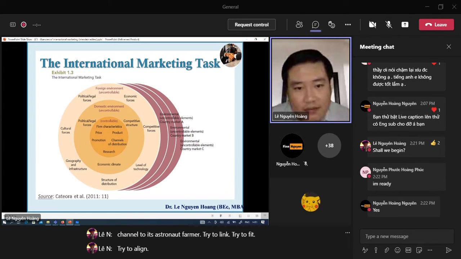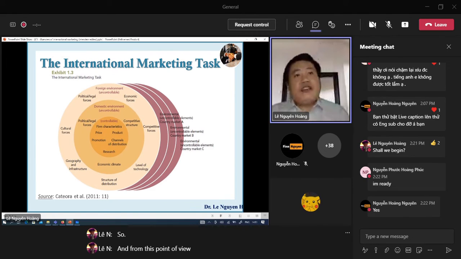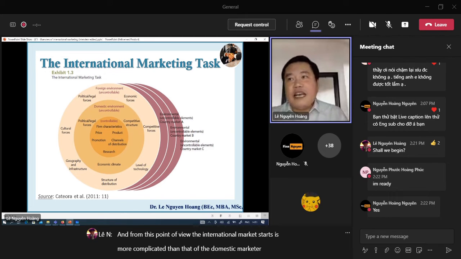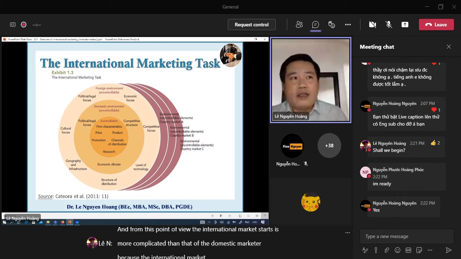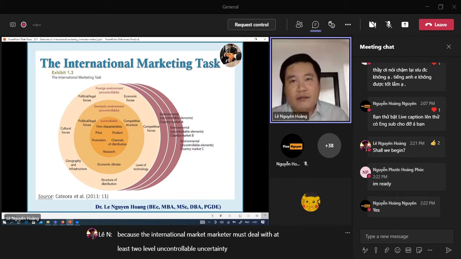And from this point of view, the international marketer's task is more complicated than that of the domestic marketer, because the international marketer must deal with at least two levels of uncontrollable uncertainty instead of one.